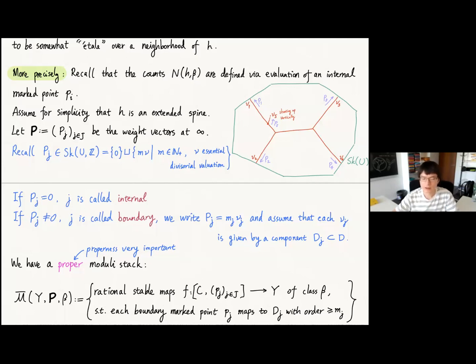So here we say order greater or equal to m_j because we want a proper moduli stack. So we also allow some components of the curve to go completely into the boundary D. Otherwise, we cannot have a proper moduli stack.